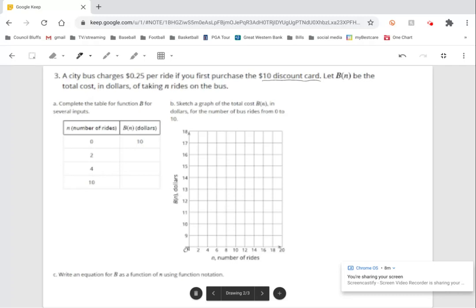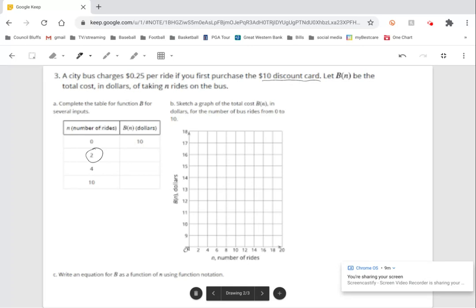So for part A, complete the table for the function B for several inputs. So before you've taken any rides, so when you've taken 0 rides, you've paid that $10. If you've taken 2 rides on the bus, if we calculate this, you've paid the $10 initial fee plus 25 cents times 2 rides.